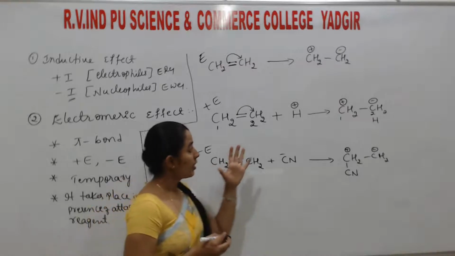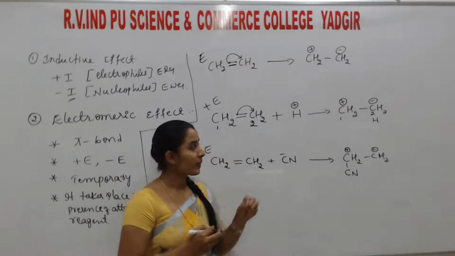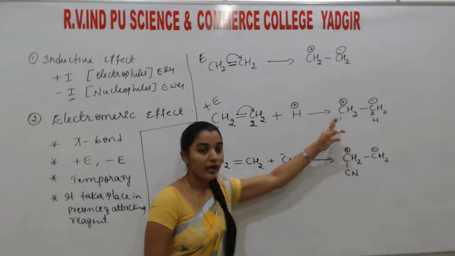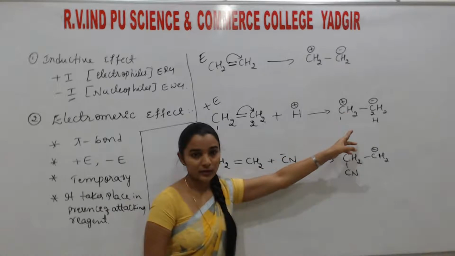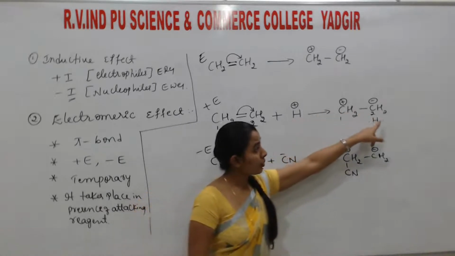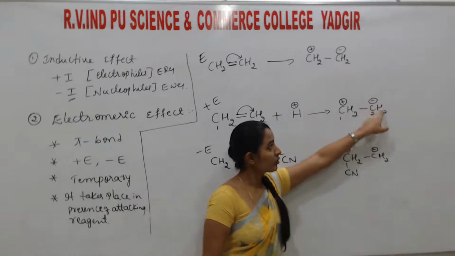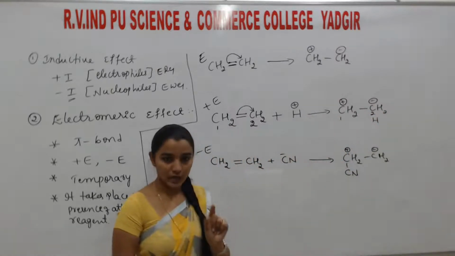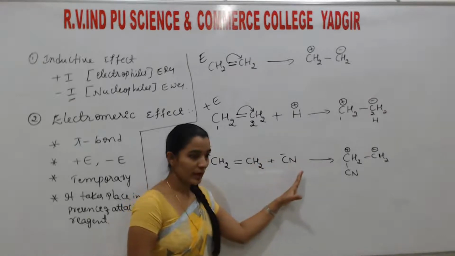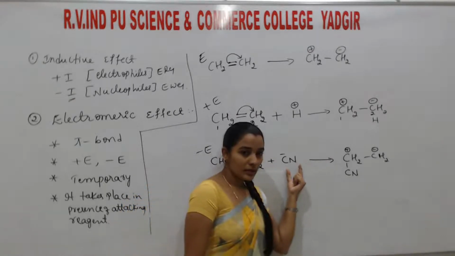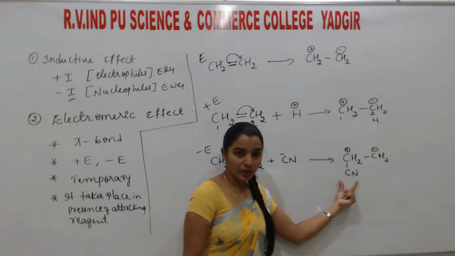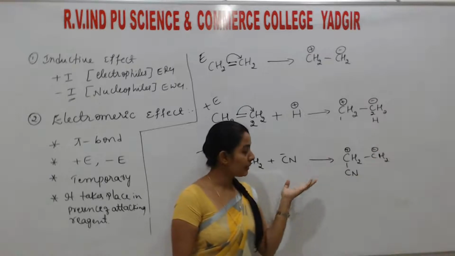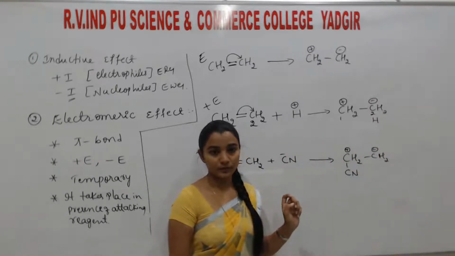So what is the definition? If the attacking reagent goes to the same carbon where the electron transfer takes place, that type of effect is called the plus E effect. What is minus E? The attacking reagent goes to the other carbon atom, where the electron is not transferred, or the electron is completely transferred to the other atom.